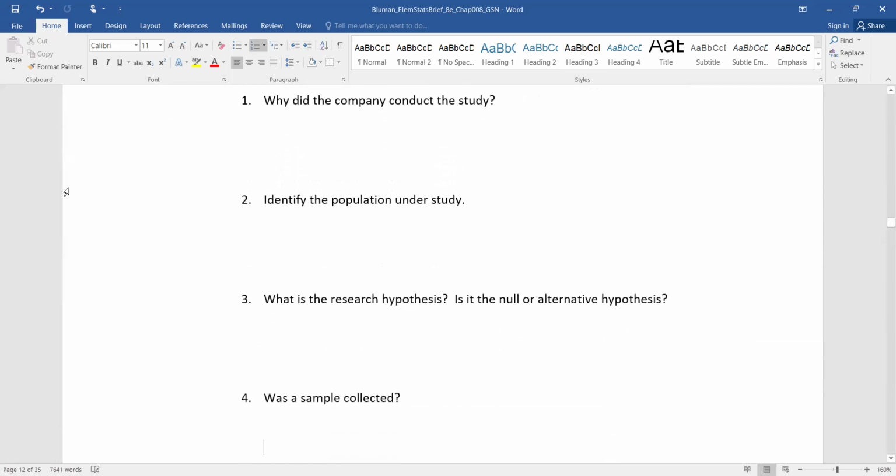Here we go. So this first part of the question is, why did the company conduct the study? When we go back and read it, we'll see that the company wanted to show that moderate intake of eggs does not result in high blood serum cholesterol. Basically, they're saying in moderation, eggs are not going to change your blood pressure or cholesterol.